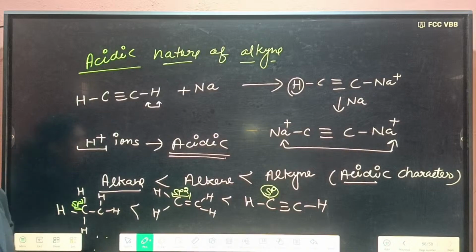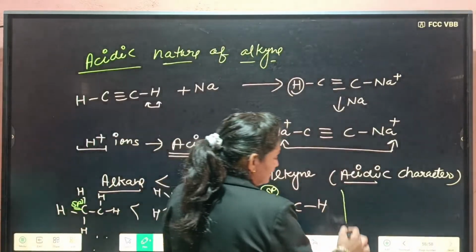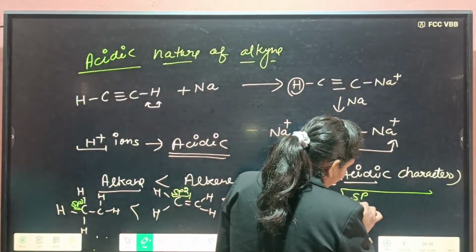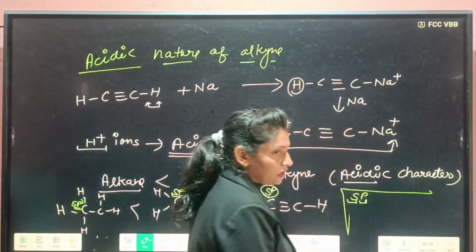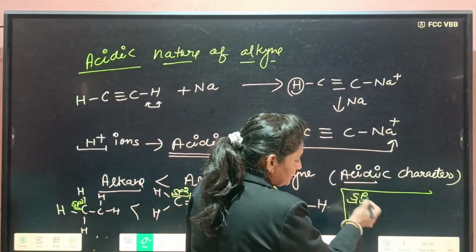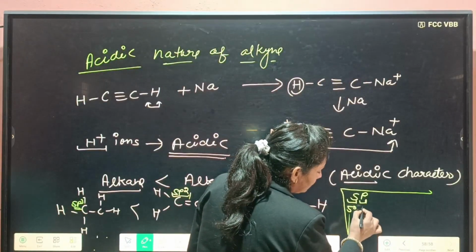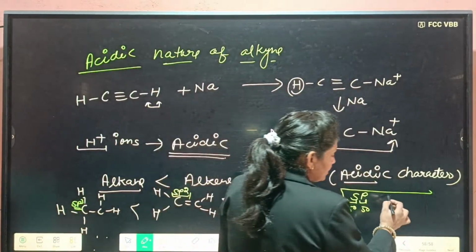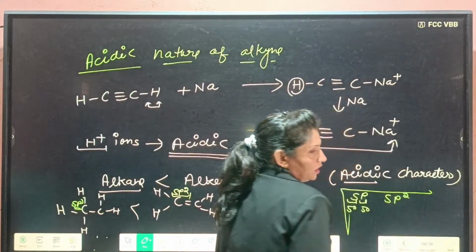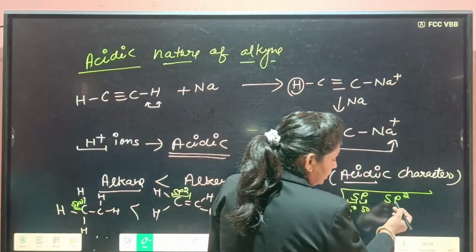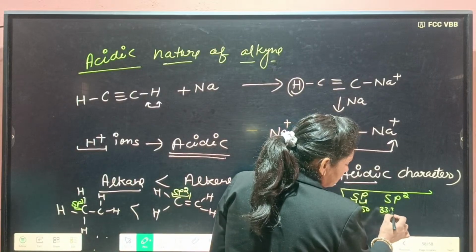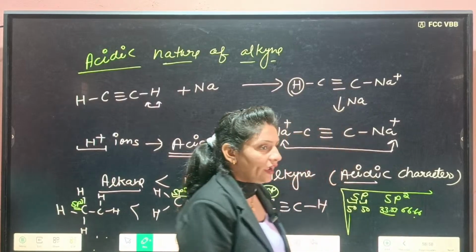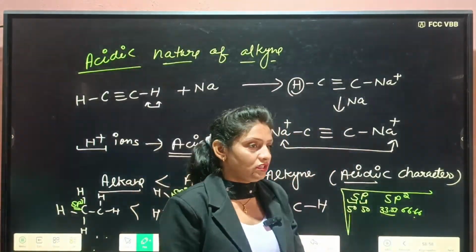So if I talk about S character, in sp, if I consider total 100, then 1 S and 1 P, so 50-50. So S character is 50%. In case of sp2, if total is 100, then students, 33.33, and this is 66.66 around. So S character is only 33.33.